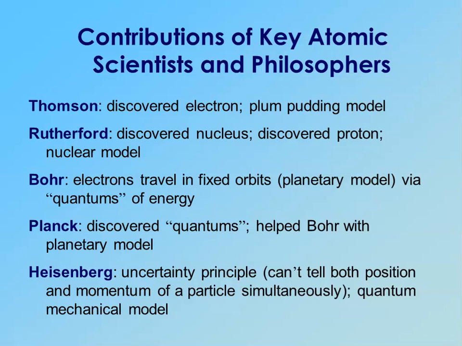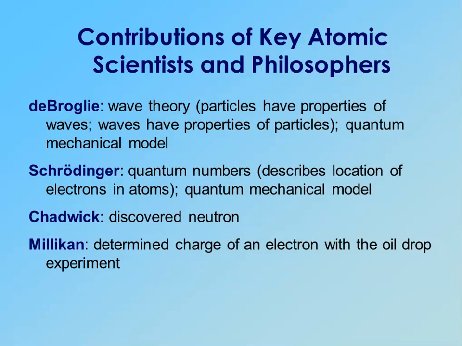You can't do both of those precisely at the same time. You can do one or the other, but not both. De Broglie showed that particles can act like waves and waves can act like particles, so that they were not distinct entities from one another. And then Schrodinger gave 4 characteristics that we'll spend more time on later that he used to describe where we're likely to find those electrons in the orbitals.